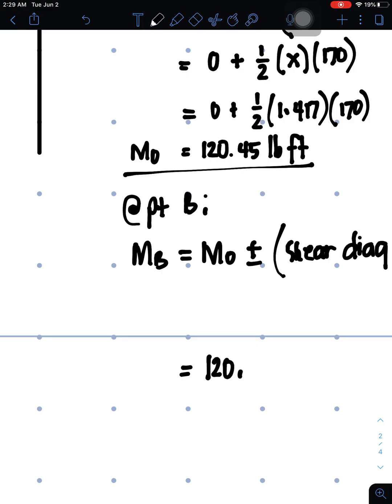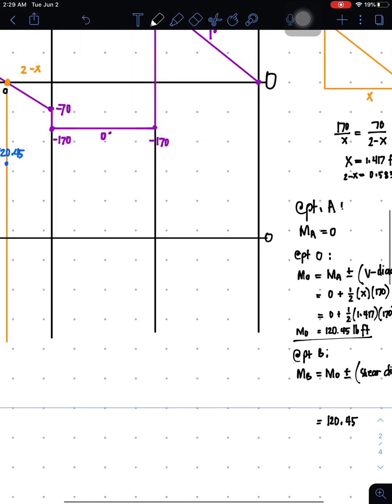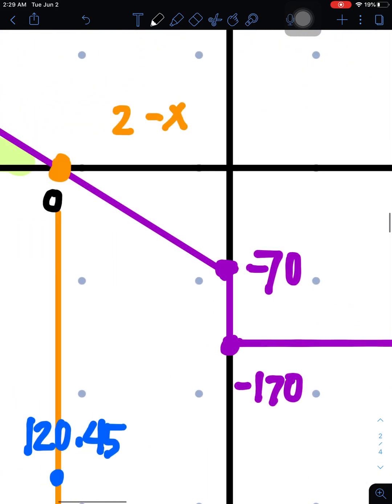MO is 120.45. Then the shear from O to B.